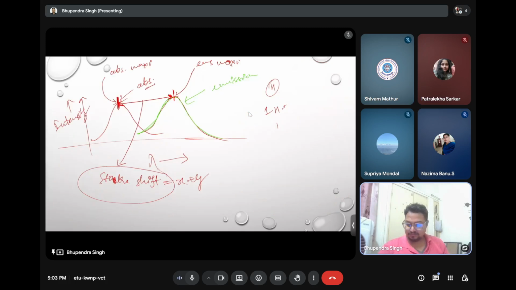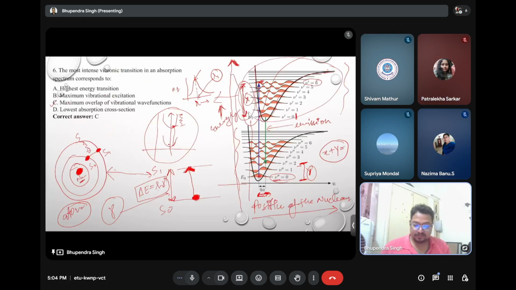Okay, let's move to high energy transition, maximum vibrational excitation, lowest absorption cross section. This is not correct.